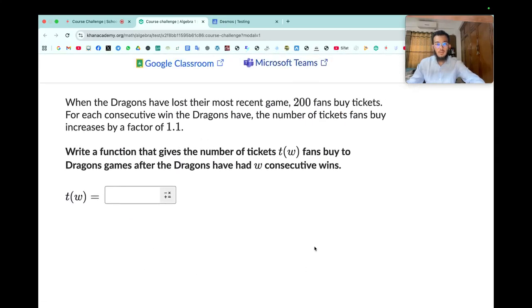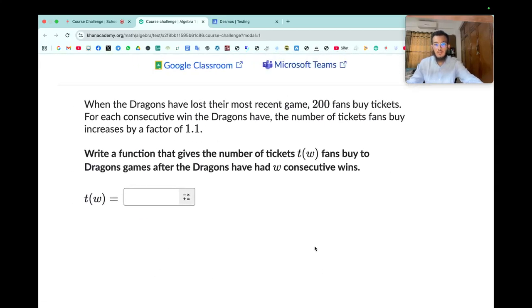Next question. When the Dragons have lost their most recent game, 200 fans buy tickets. For each consecutive win the Dragons have, the number of tickets fans buy increases by a factor of 1.1. Write a function that gives the number of tickets fans buy to Dragons games after the Dragons have had W consecutive wins.